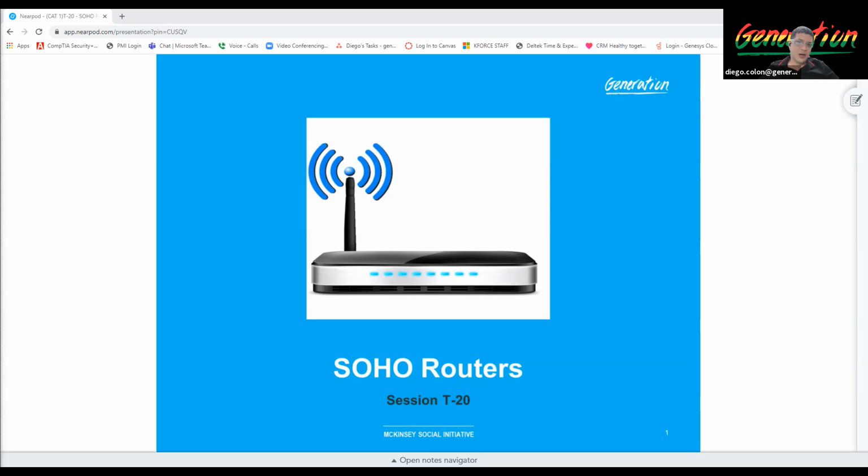In this session, you're going to learn the difference between wireless and wired routers, how to set up the routers themselves, and how to solve the common issues that may occur.